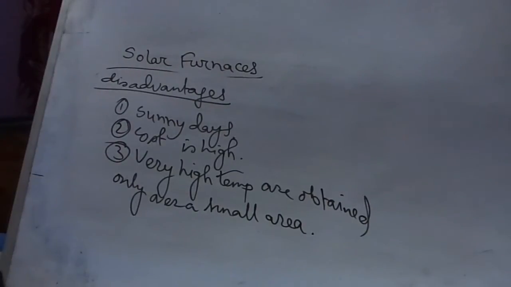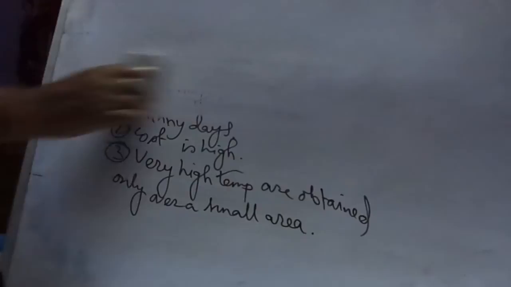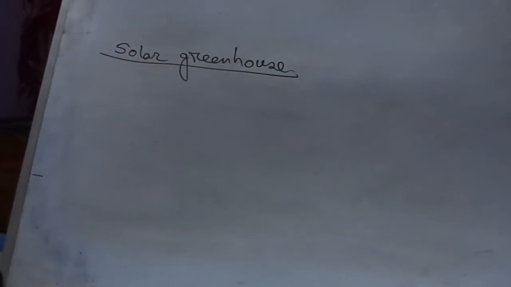A greenhouse is an enclosure where proper environment is provided for growth and production of crops, vegetables and flower plants under adverse climate conditions.